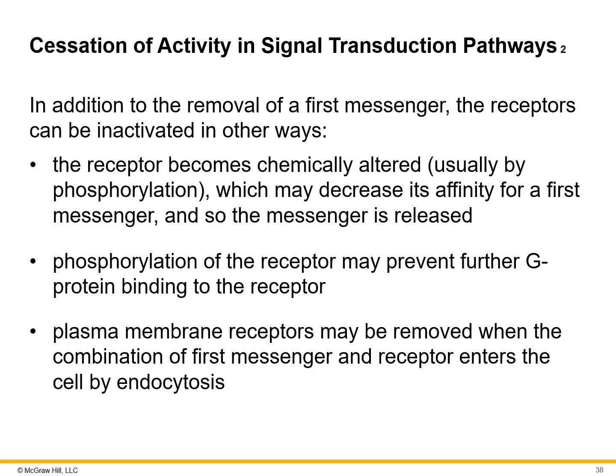Plasma membrane receptors may be removed when the combination of the first messenger and the receptor enters the cell by endocytosis. So that entire receptor complex, the first messenger and the protein itself, can be grabbed and brought into the cellular environment and broken down by lysosomes.